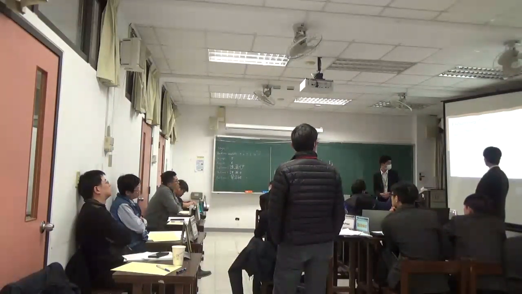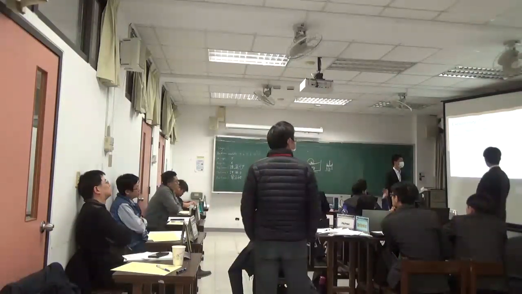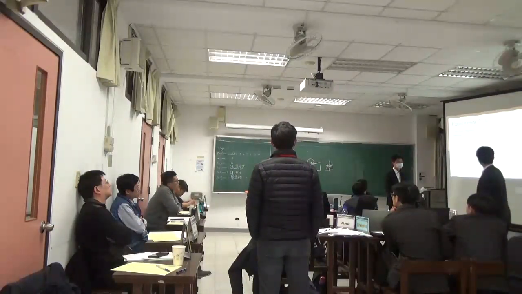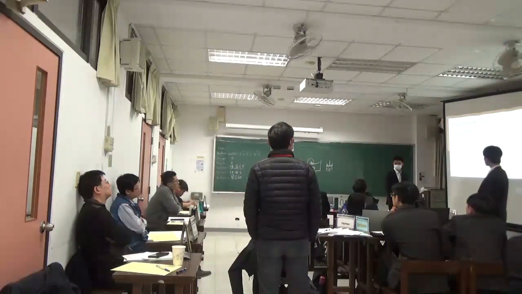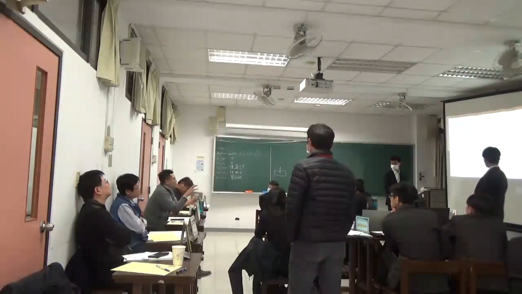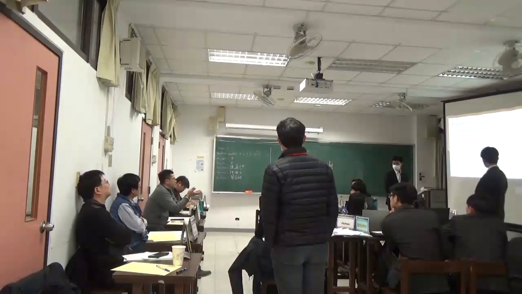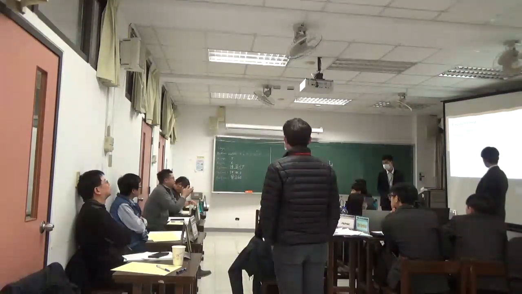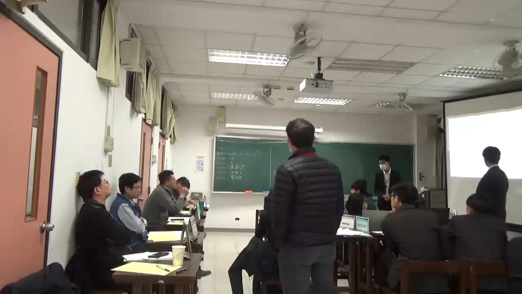Because of the air resistance and the maximum fraction of energy that is transferred from the jet to the ball, that kind of explains why it shows an exponential correlation. But that's a guess. You probably need a lot more experimental analysis to support this. Yeah. Okay. Thank you.